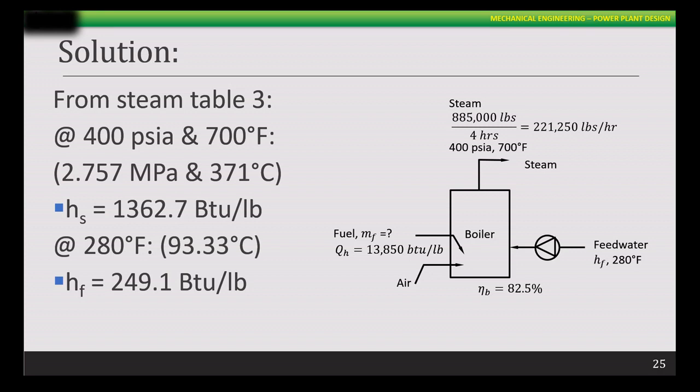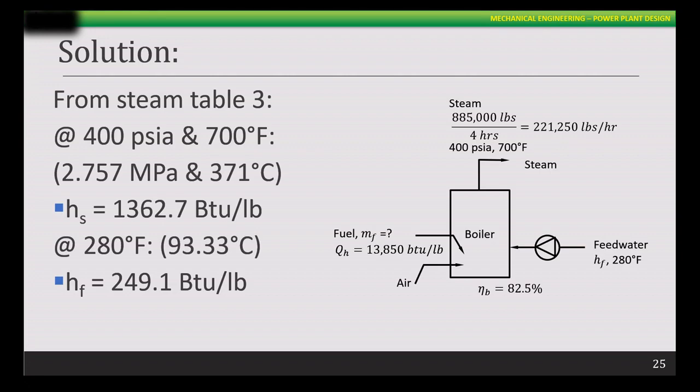I think it would be easier if we look up the values using English system steam tables. I'm providing steam tables that are read the same way, but with English system units: Fahrenheit, psia, and BTU per pound.